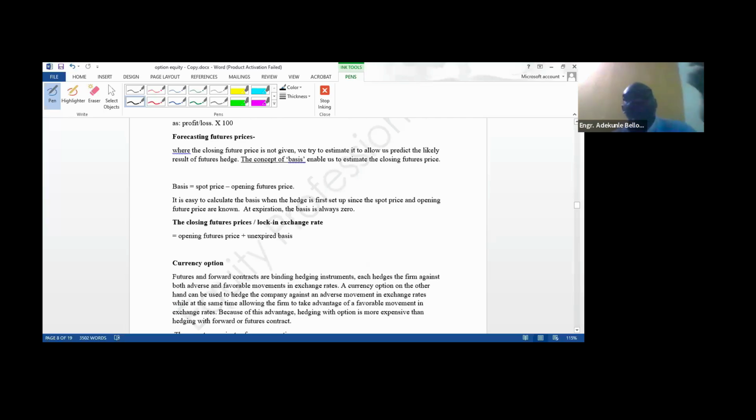To estimate closing futures price, we make use of the concept of basis.